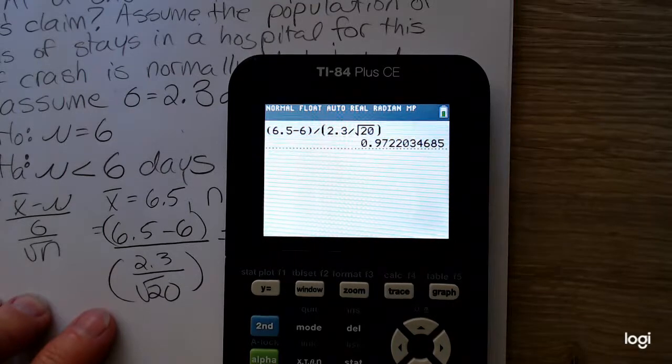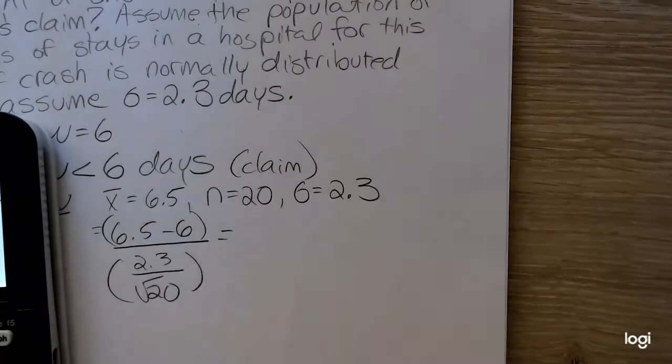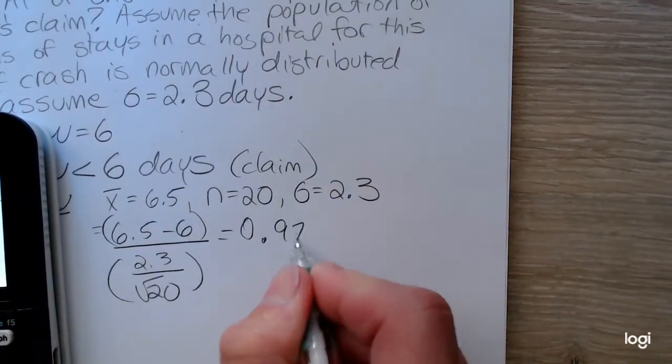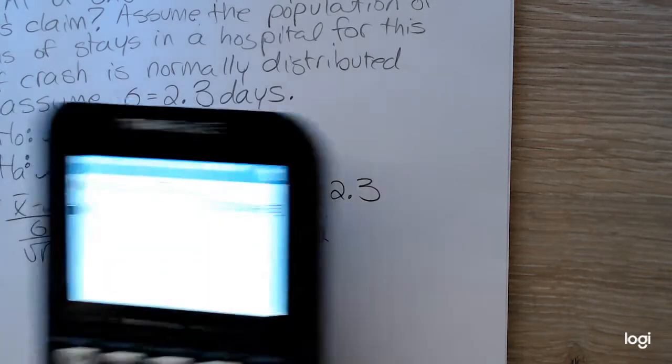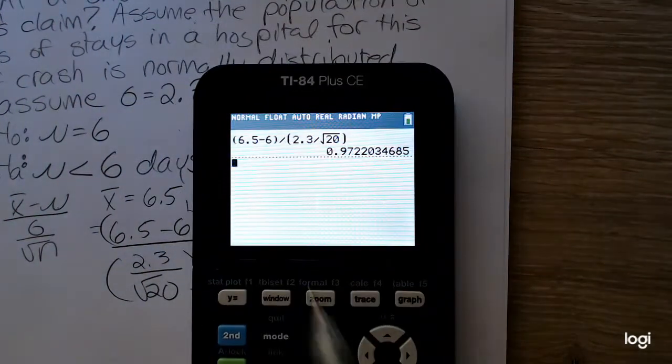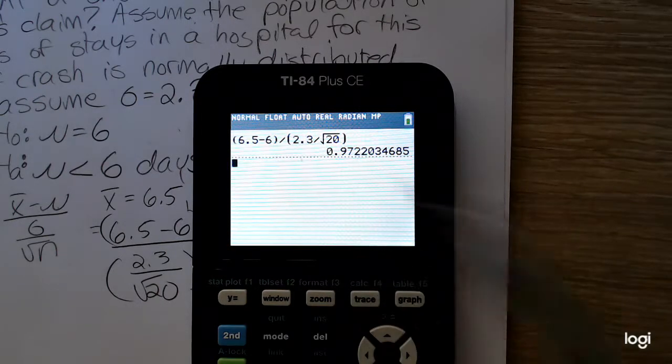I get a standardized test statistic of 0.972 rounded to 3 decimal places. Making sure I did that correctly and put it into the formula. Just double checking. Okay, that looks good.